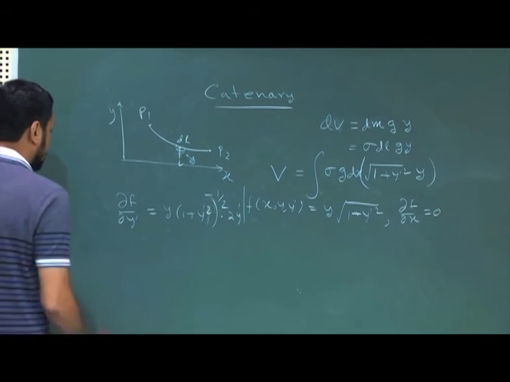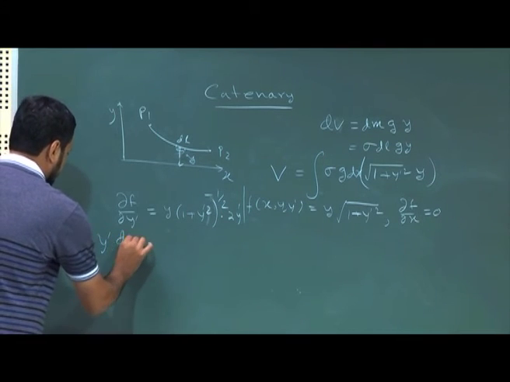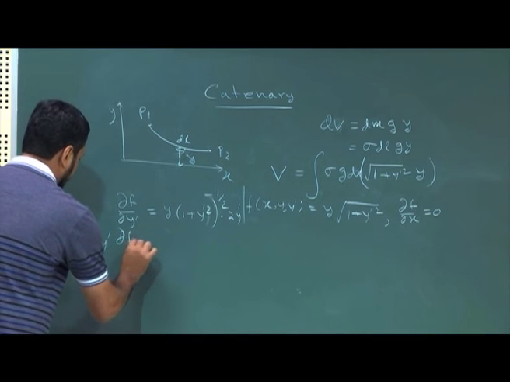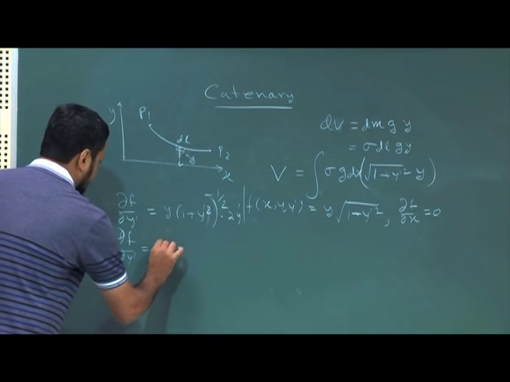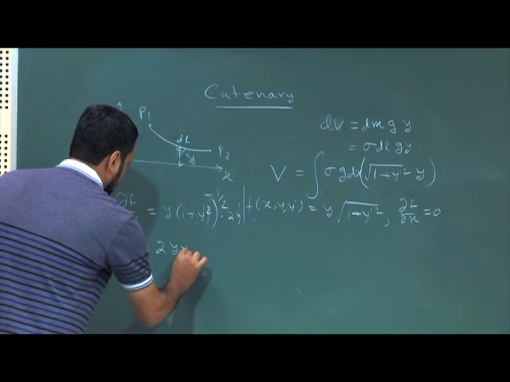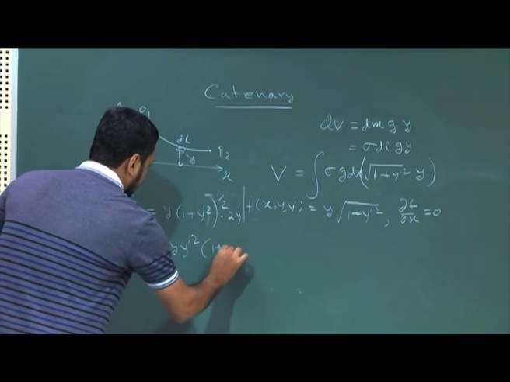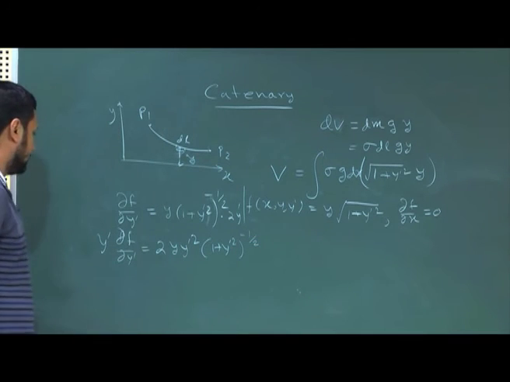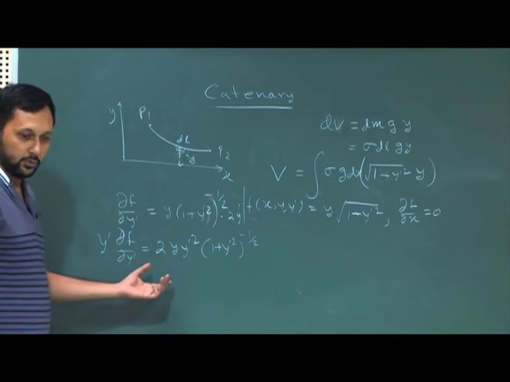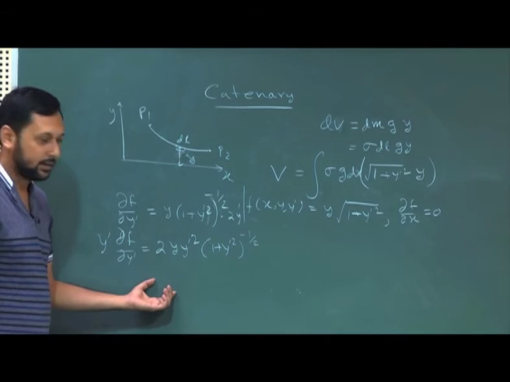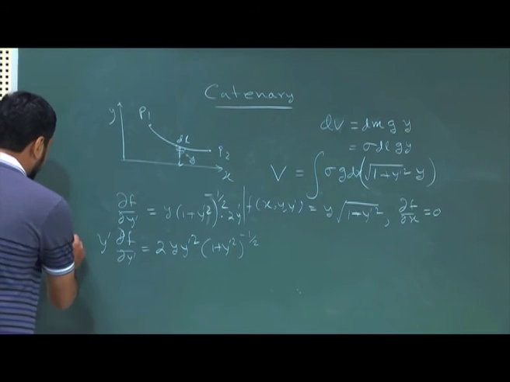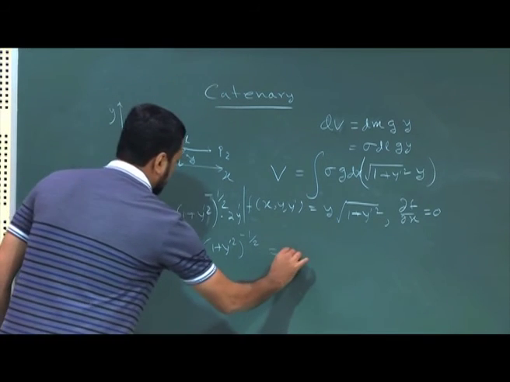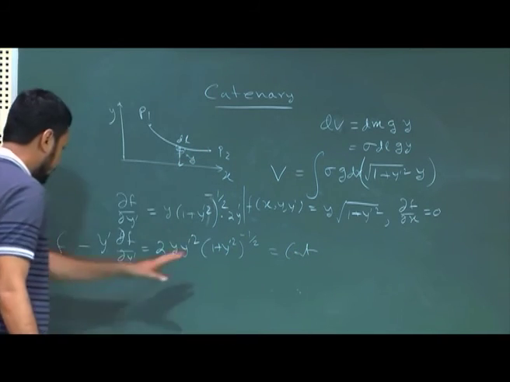So del f del y prime is y y prime times 1 plus y prime square to the power minus half, right. And we have to use the Beltrami identity once again, which is f minus y prime del f del y prime equals a constant.